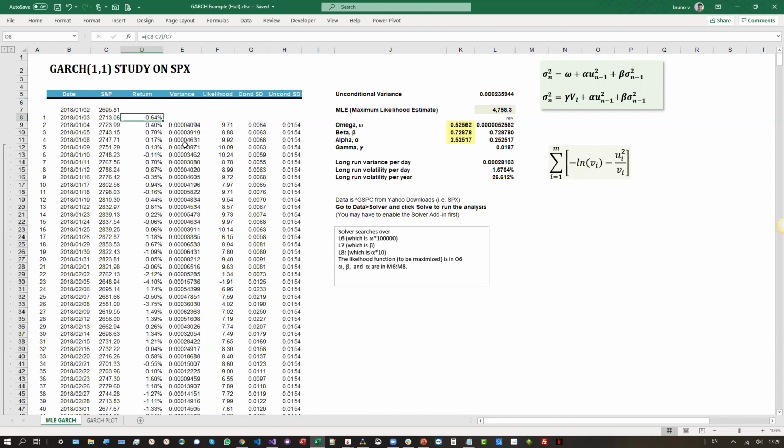Let's not delve too much into it. This is an autoregressive model, so we try to figure out how volatility can be explained by past volatility. But even if you don't want to think too deep about this formula, all you need to know is that you need those three parameters: omega, alpha, and beta.